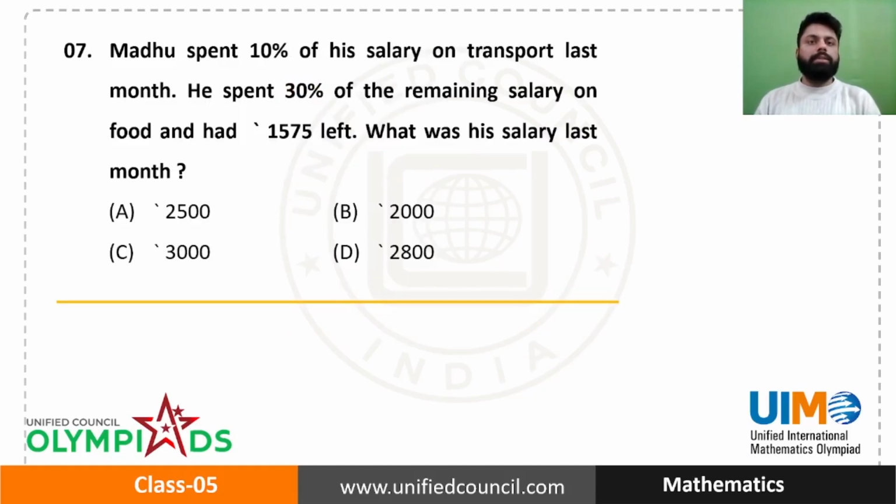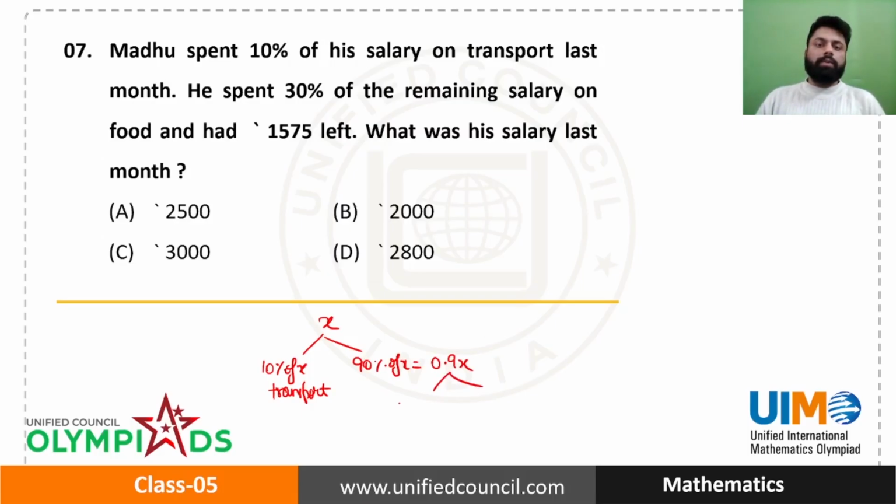Madhu spent 10% of his salary on transport last month. He spent 30% of the remaining on food item and had left with this much amount. What is the salary? So let's say salary is X. 10% of X spent on transport. So the left one is 90% of X, that is equal to 0.9x.